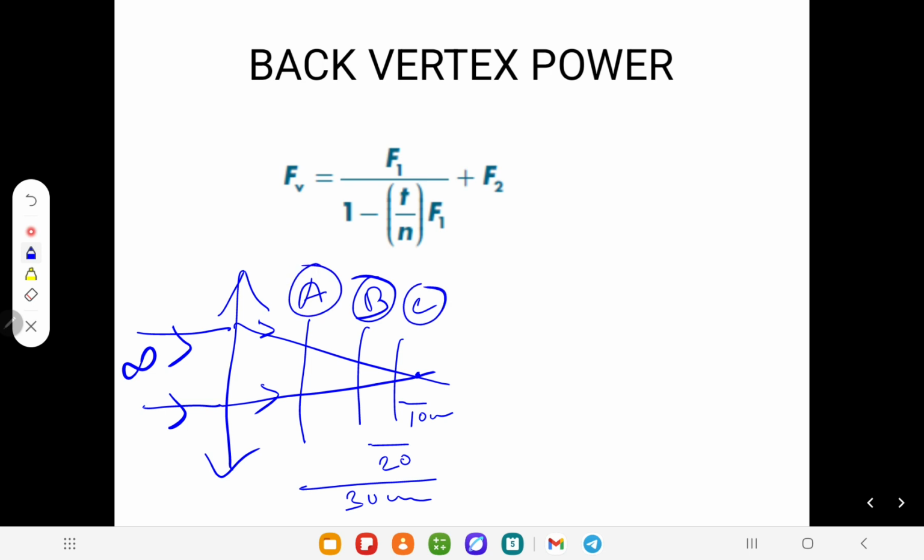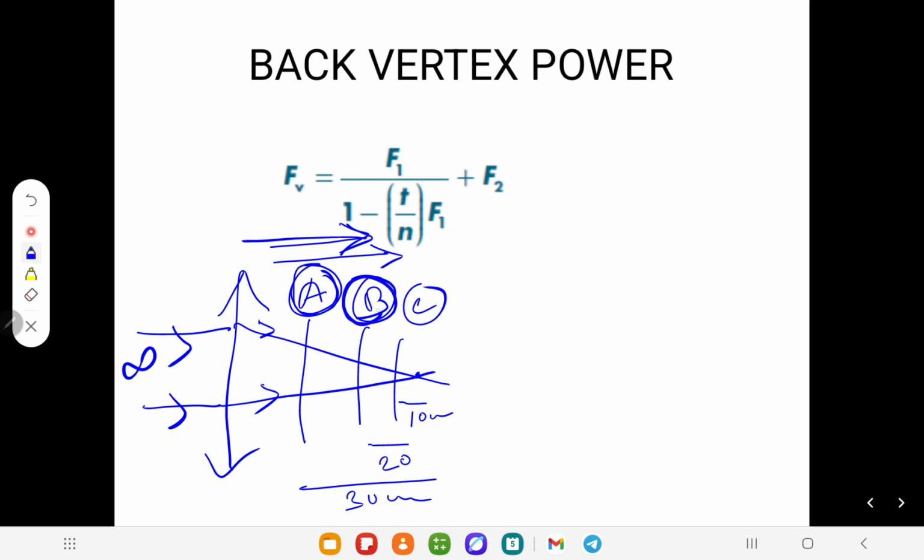In respect to B, A is upstream vergence because it's opposite to the direction of light. In respect of C, B is upstream vergence. But just remember this: with respect to A, B is downstream vergence because it's along the direction of light. And with respect to A, C is also downstream vergence.